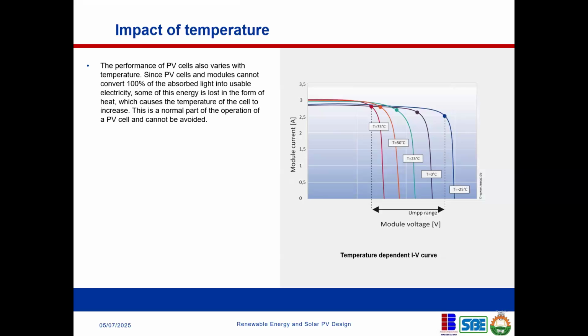Now let us look at the impact of temperature. Before, it was a little bit confusing when I was trying to mix up both temperature and irradiance, but then I think I needed to separate them, right? Now, this is the impact of the temperature, okay? In the morning, when you have a lower temperature, the temperature is 25, right? Now, look at where the voltage is.